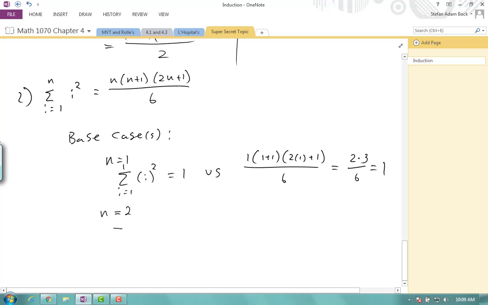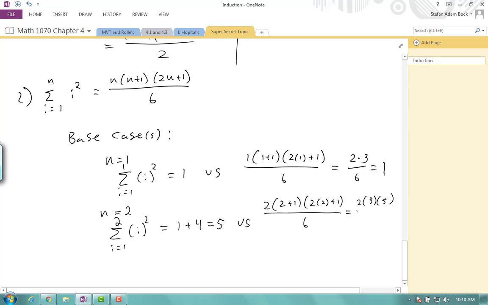If I do n equals 2, I'm going to have 1 plus 2 squared, which is 4, so I get 5, versus 2 times 2 plus 1 times 2 times 2 plus 1 all over 6, which is 2 times 3 times 5 all over 6, giving me 5 again. So that checks out.